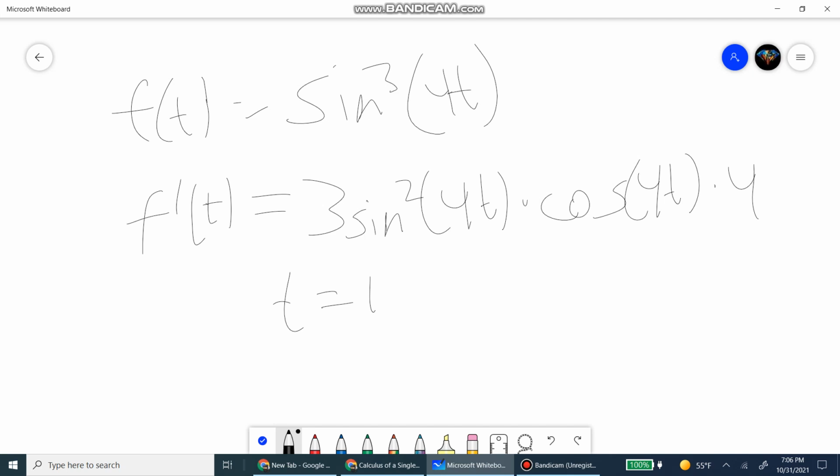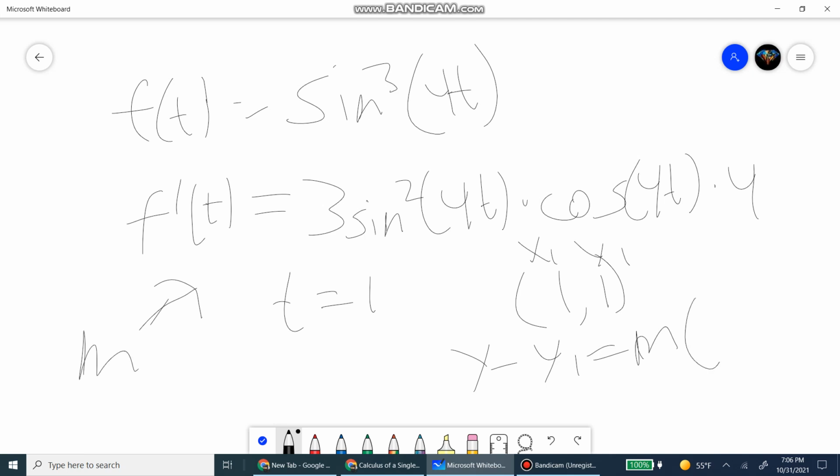If you're given a point, 1, 1, or whatever, and you're given a derivative, you can just plug in the point, figure out the slope, then you can use y minus y1 equals m times (x minus x1), where f prime of 1 is m. So you just need a point and a slope at that point to get the equation. And the slope is just the derivative, which you can even use chain rule for this problem to get.